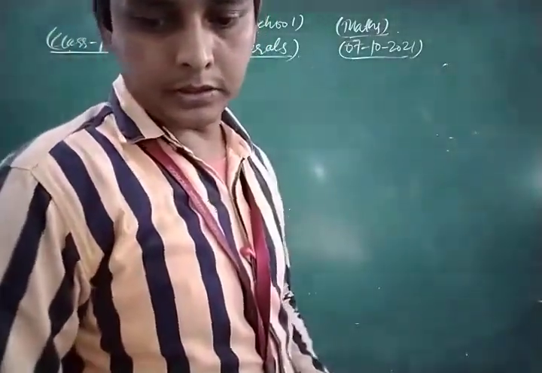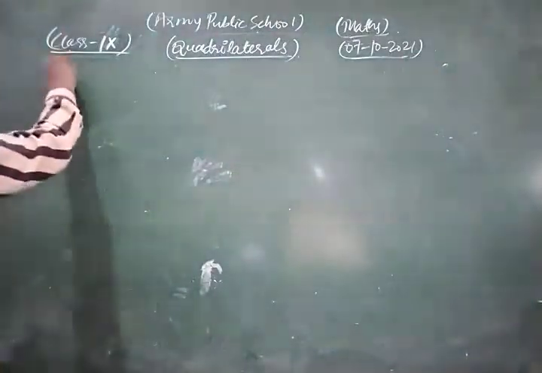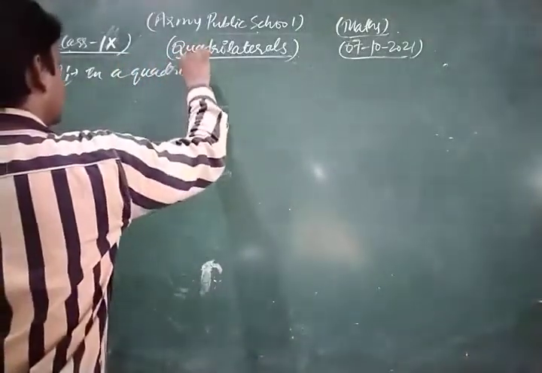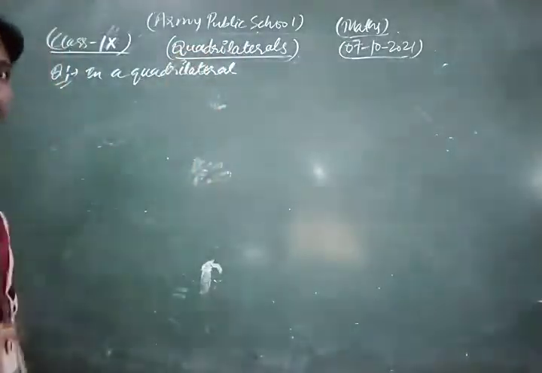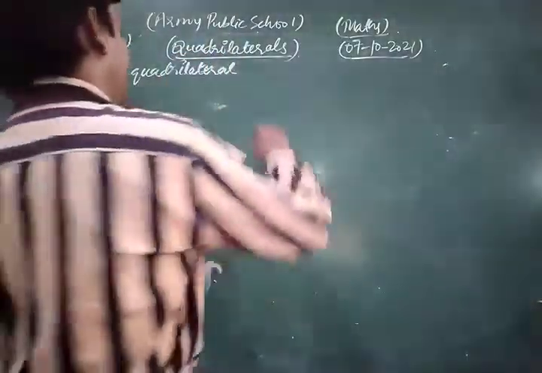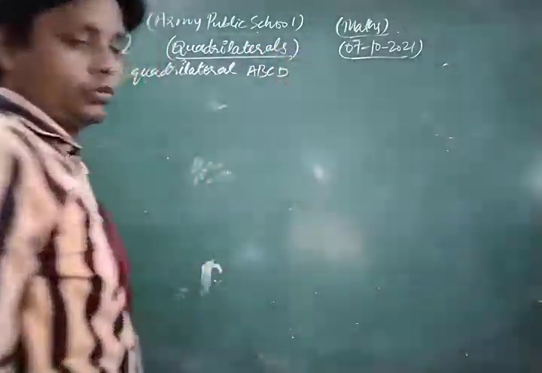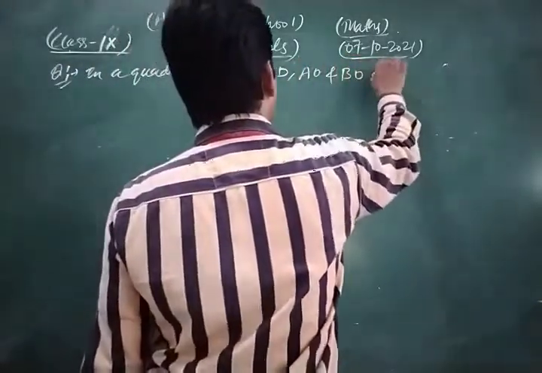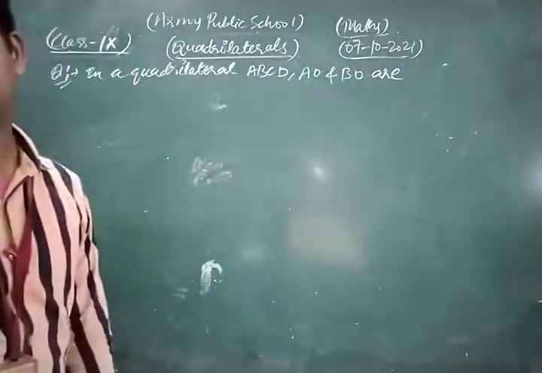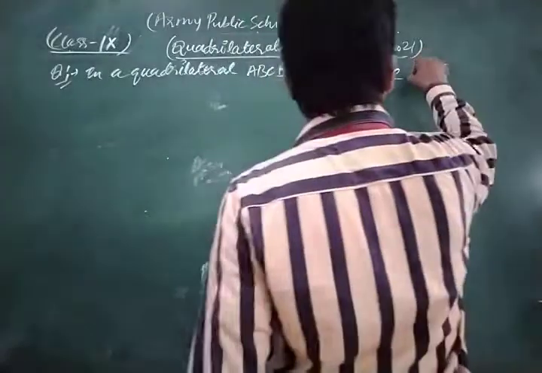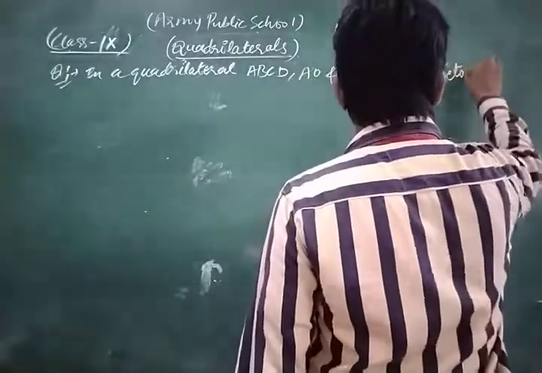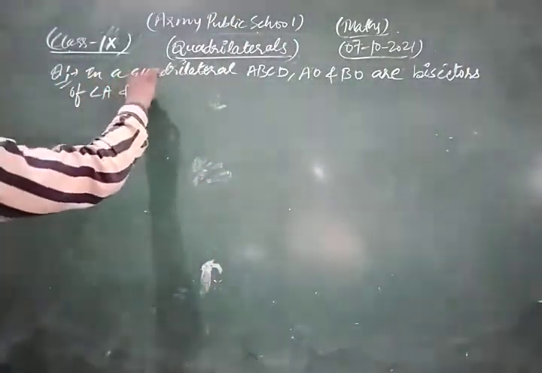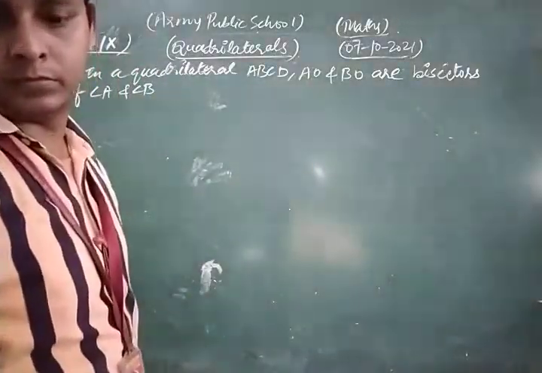Now look, a very important question. In a quadrilateral ABCD, AO and BO are bisectors of angle A and angle B respectively.